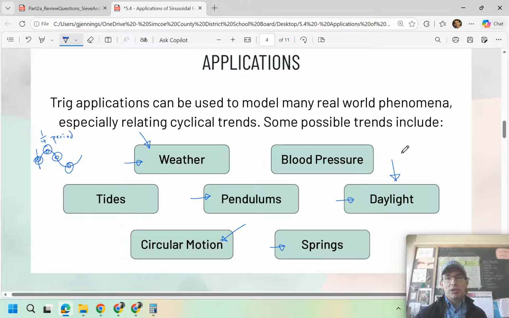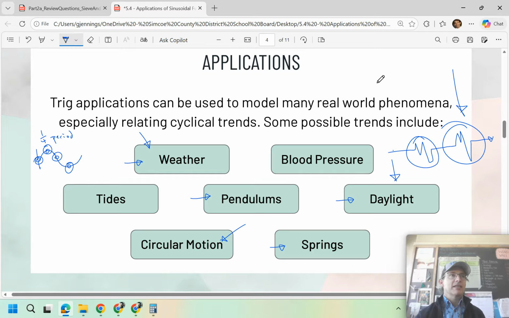Okay, even your blood pressure, or whatever your heartbeat does, these are periodic functions as well, and that could be given as the sum of a series of sine waves that would produce that type of wave function. And it's complicated, that math. Go to university, study it. Let me know how it goes.